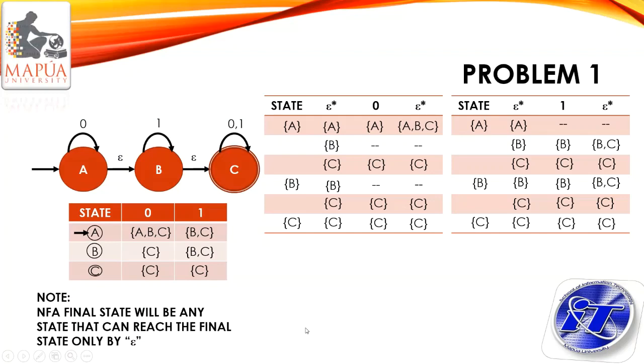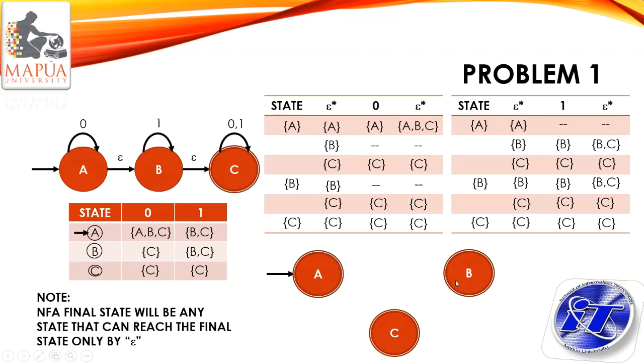Now let's draw the NFA. We have three final states, A, B, C, and A is also the initial state. If we have 0, it will go to B, C, or loop within itself.